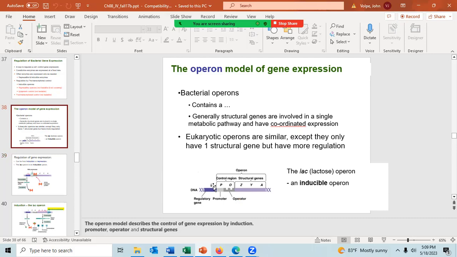Usually the regulatory gene, which is I, is not near the gene that it regulates. I is not a part of the operator. It is its own operon, and it has its own promoter and probably operator. And obviously I is the structural gene and has its own terminator. And this gene is regulated separately of the lac operon. Any questions about any of that?